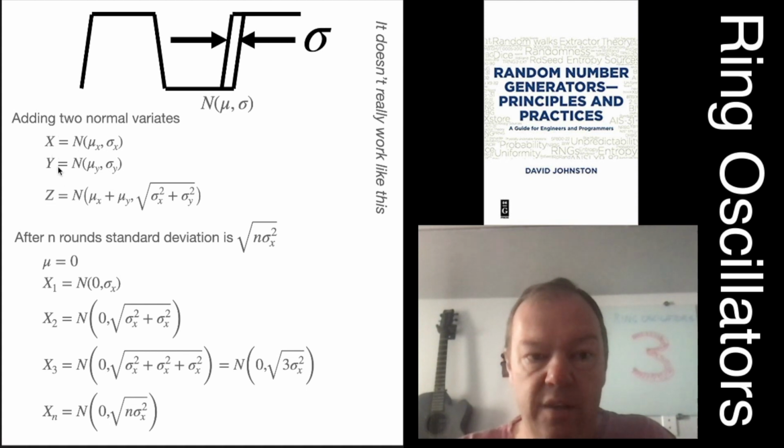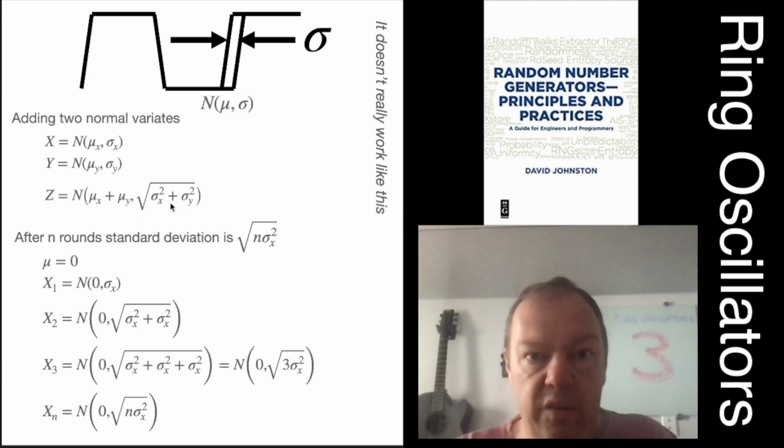If we add 2 variates from these distributions together, we get another variate that fits another distribution, and we'll call that Z. And that has a normal distribution again of mean of mu x plus mu y, and the variance of X plus the variance of Y, square rooted.